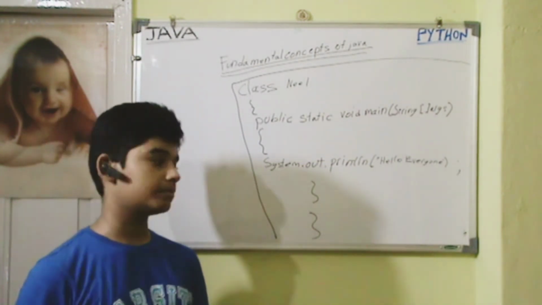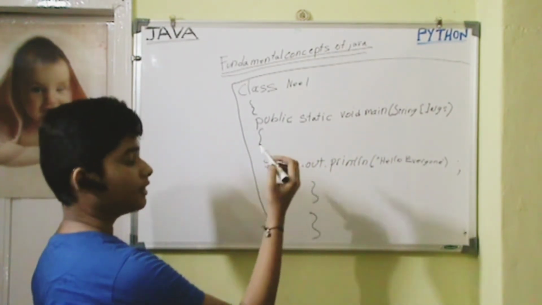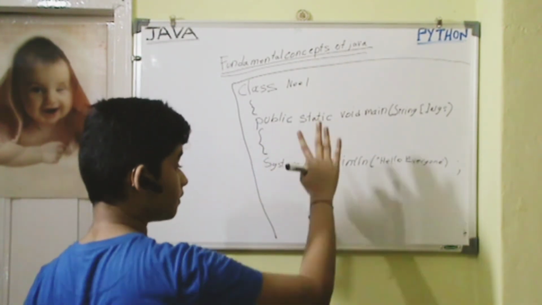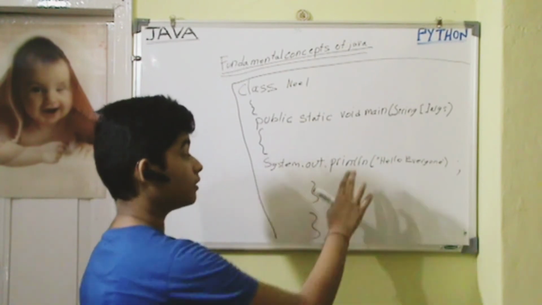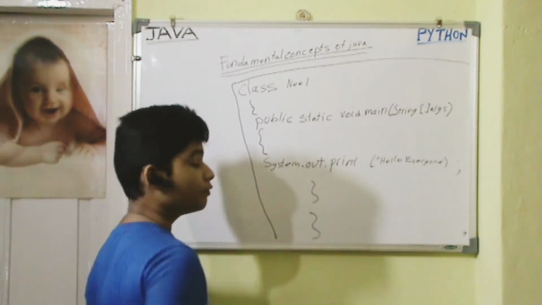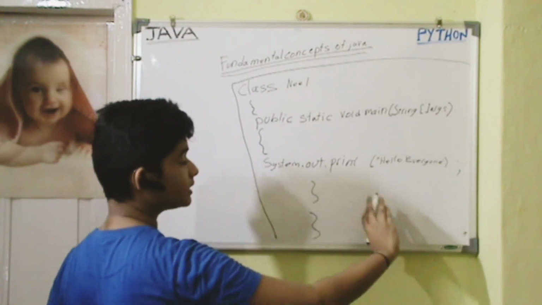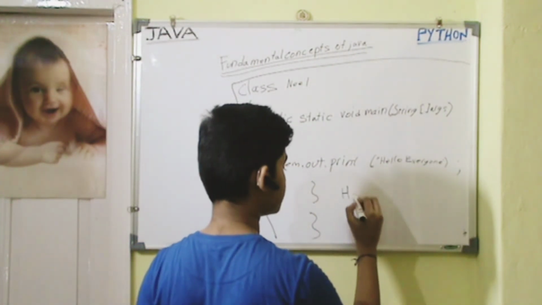So, there's a small problem, right? If you know a bit about Java, you must have heard of System.out.println and System.out.print. What is the difference between both of them? So System.out.print prints hello everyone like this.